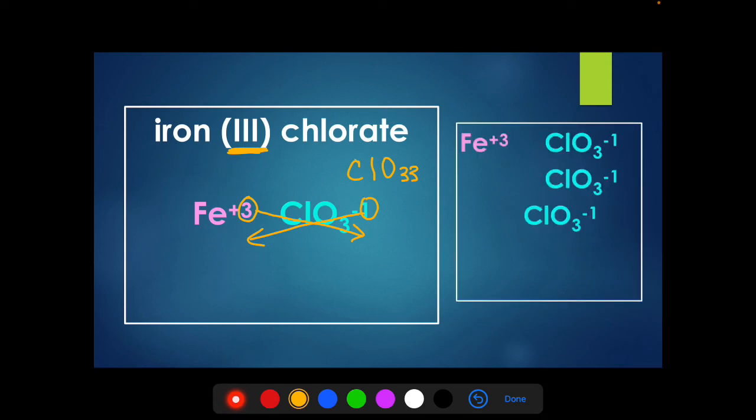Same thing though, that we have to balance out to 0. 3 of the chlorates to balance out 1 of the iron. +3 -3. So with parentheses, when I cross that 3 down, I end up with Fe(ClO3)3. Otherwise, I've got 33 O's if I don't use parentheses.